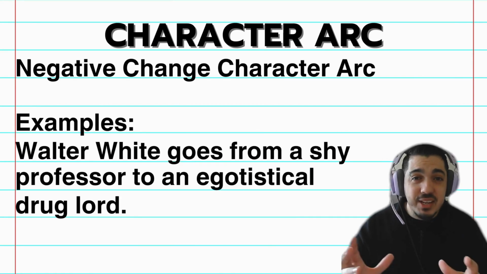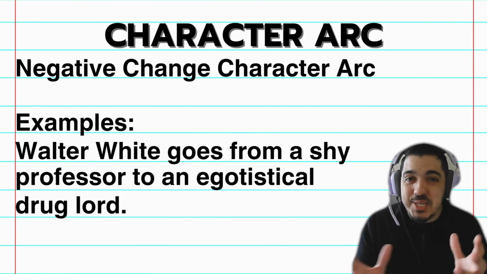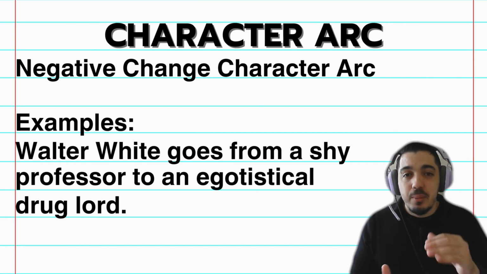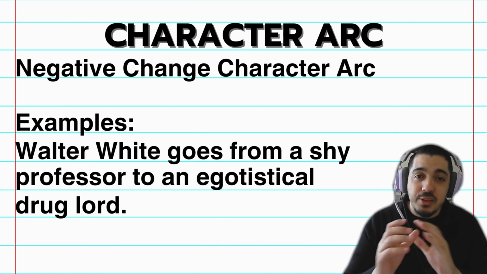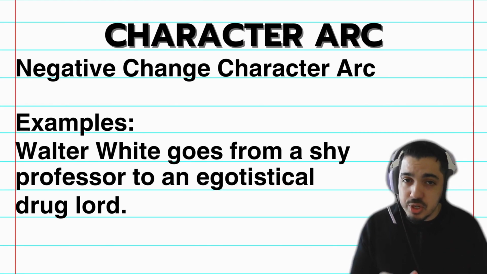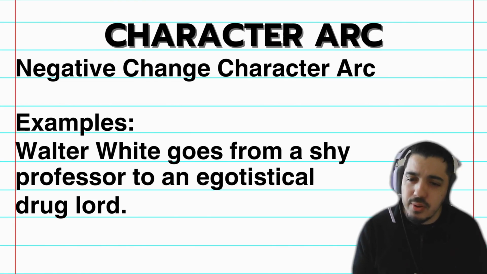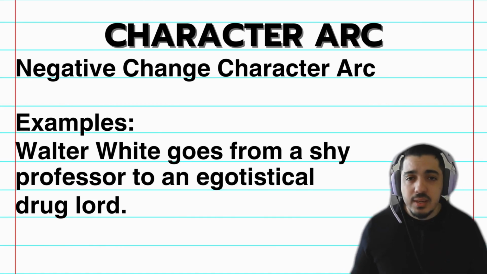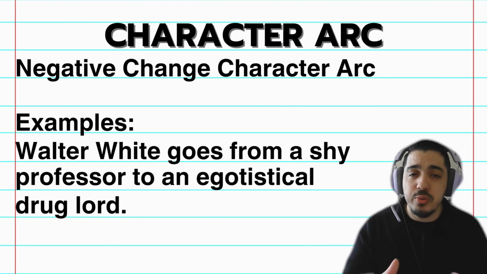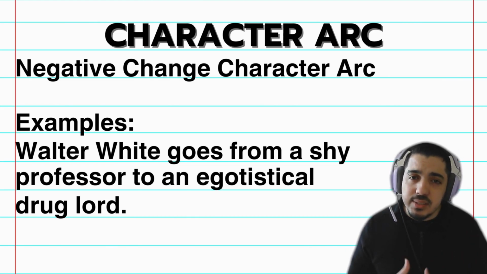I know I kind of dived into a little bit of an example in the explanation of what the negative change story arc is, but another great example, besides Obi-Wan being positive and Anakin, which I'll get into in a little more detail right now, is Walter White. Right? He starts off as this shy guy, and he's a professor trying to change the world by making everyone smarter and doing his stuff, a family man, until he's sick.